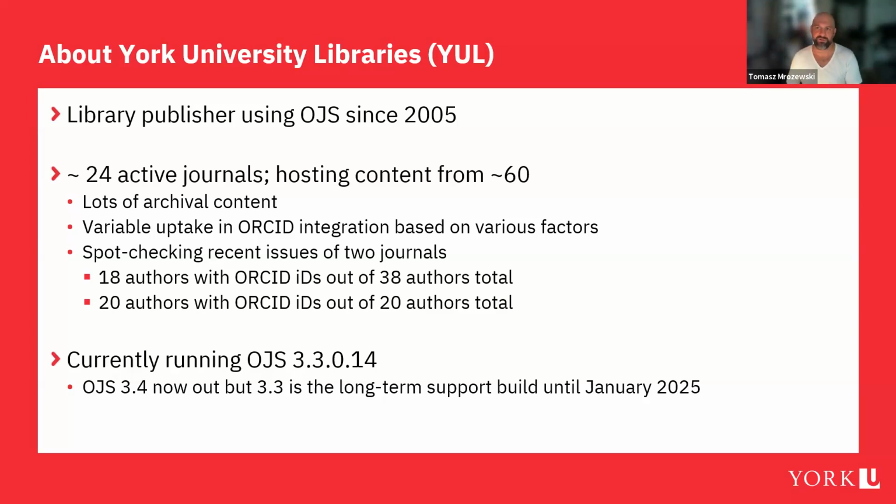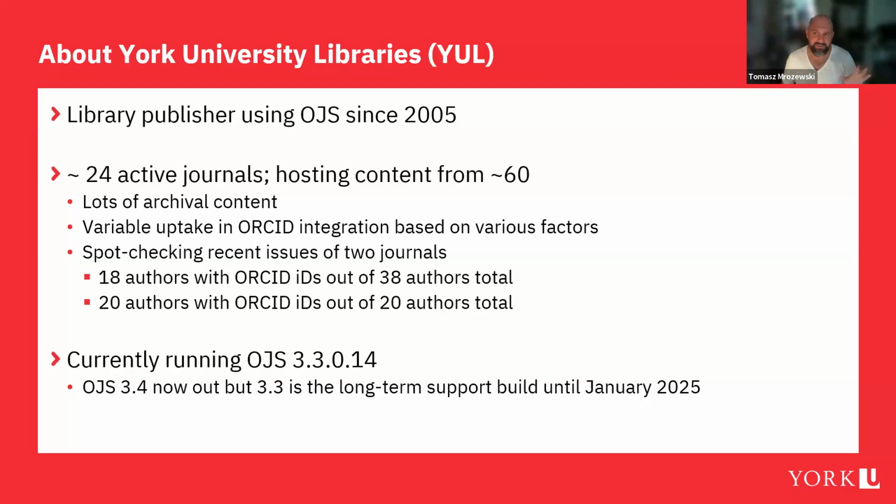We still have a few journals that, for quite a variety of reasons, have their editorial and review pipeline taking place outside of OJS, and then they'll use the Quick Submit plugin to input everything into OJS. Those ones don't tend to use the ORCID plugin as much, although that is something that I'm considering revisiting. And I've got some thoughts on how we might do that. We can discuss that later if interested.